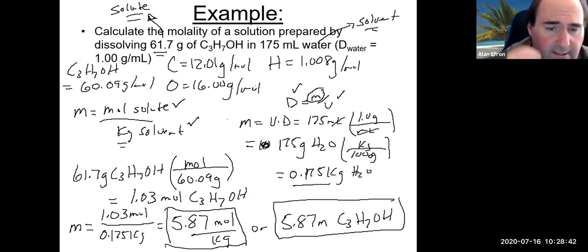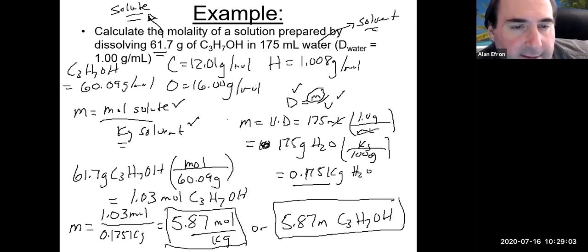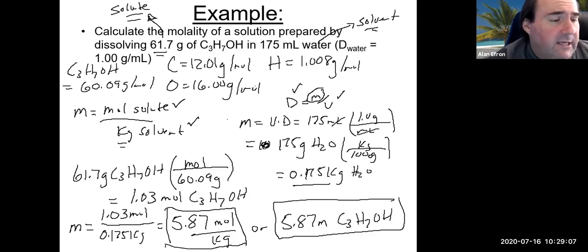Any questions on any of those steps there? So molality, again, is another unit of concentration. We will definitely see molality pop up a lot in a later chapter. I want to say it's chapter 11. We'll see a lot when we talk about what are known as colligative properties.